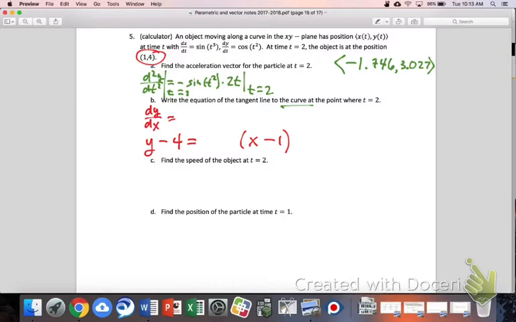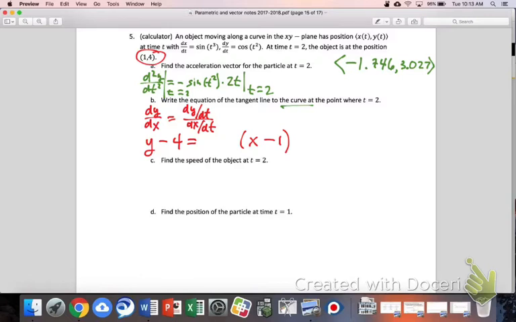Yeah, it's the same as the parametric we learned in December. So dy dt over dx dt. And of course, the good news is, don't we already have dy dt when t equals 2? And don't we already have dx dt when t equals 2? Weren't those the components of the vector we found in A? We've already got them. So why bother doing anything extra? Here's your slope.